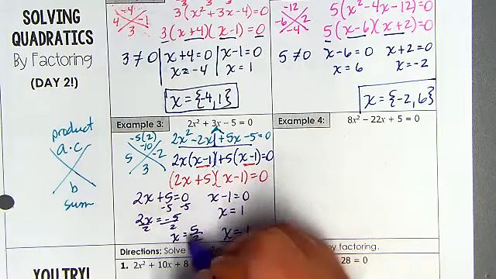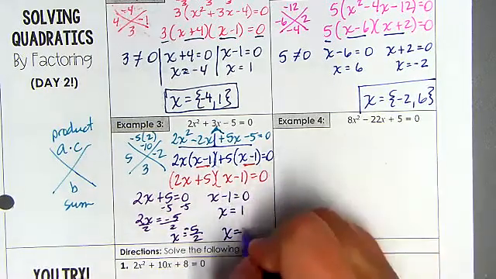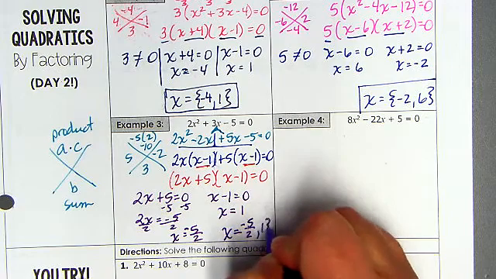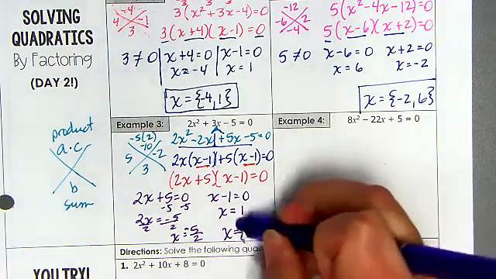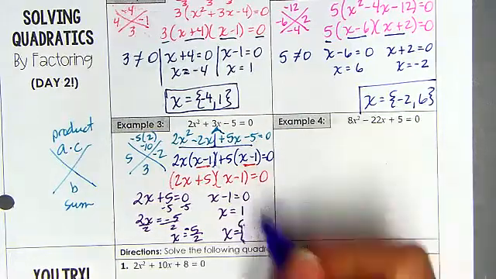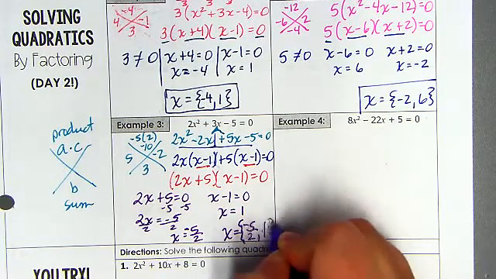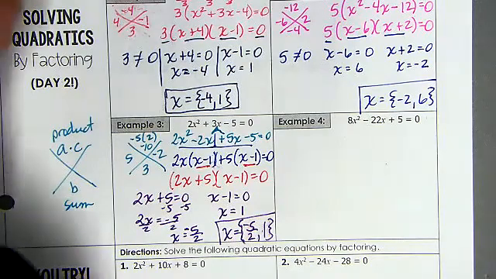Ooh, but that's a negative 5 halves. Got my negative. You got to pay attention to signs and not rush through. And I forgot the curly bracket in the front here. I must be throwing my game off a little bit here. We have negative 5 halves, comma 1 curly bracket. There's our answer for that problem.